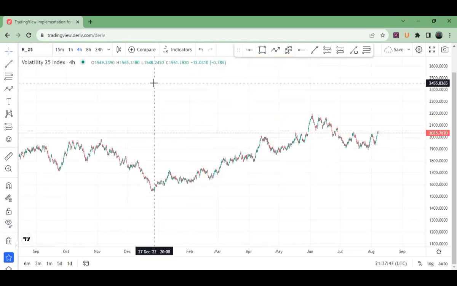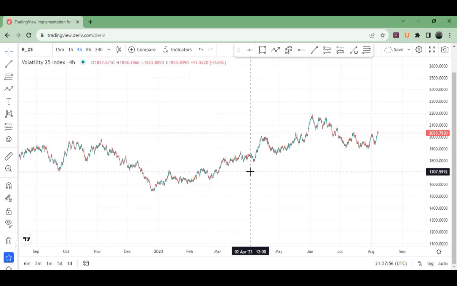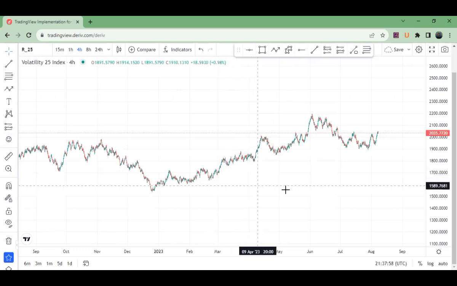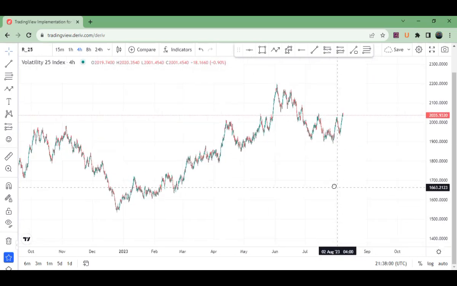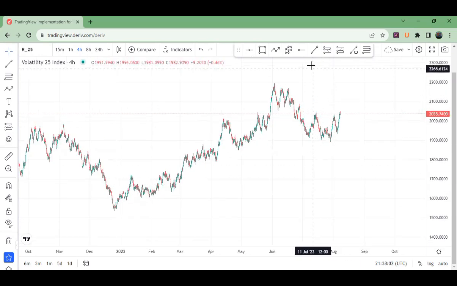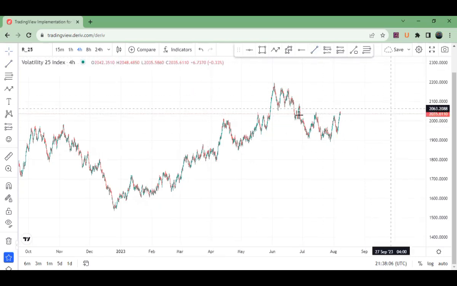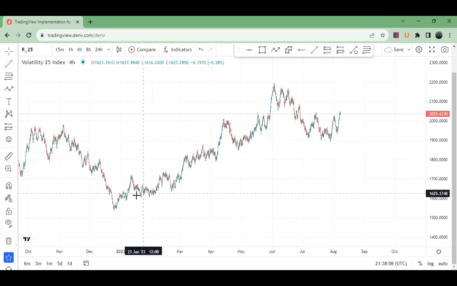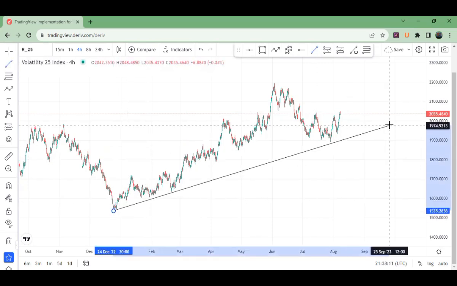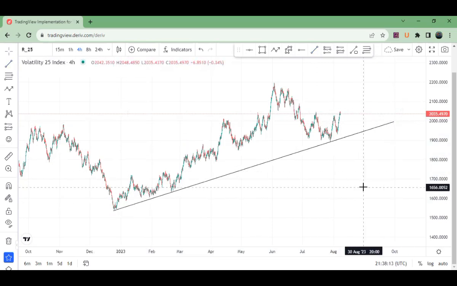So now let us use this VIX 25 as a typical example for our practice tonight. I got into the charts. First thing I want to check is what? My trend. It is bullish.